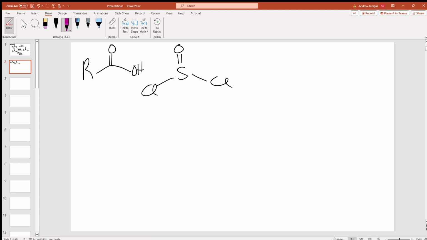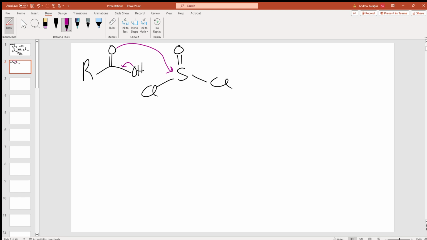That sulfur is bonded to 3 highly electronegative elements, oxygen and the 2 chlorines, and so that sulfur is a very good electrophile. So the carboxylic acid will attack the sulfur, and just like with nucleophilic attack on a carbonyl, that'll push these pi electrons up onto the oxygen.